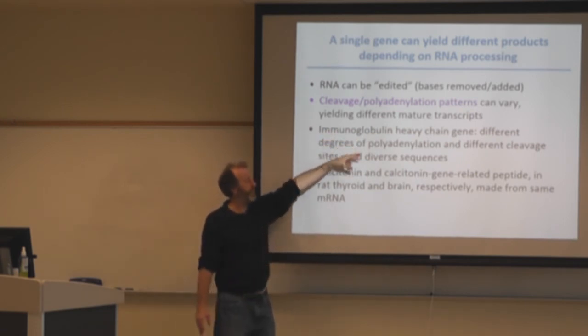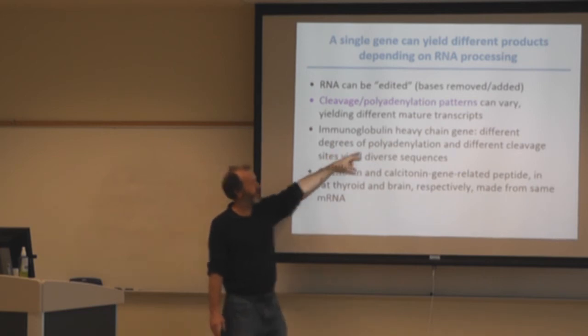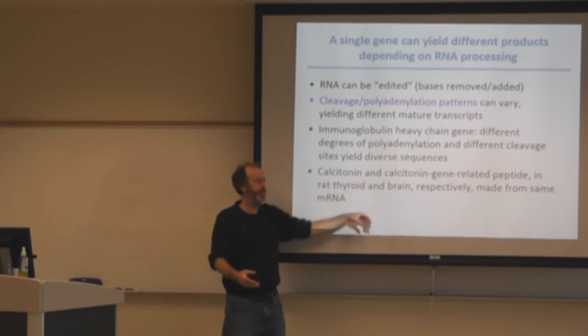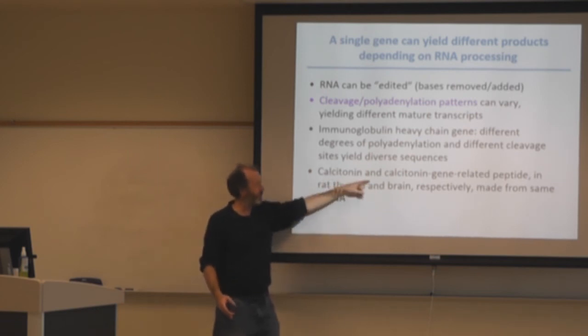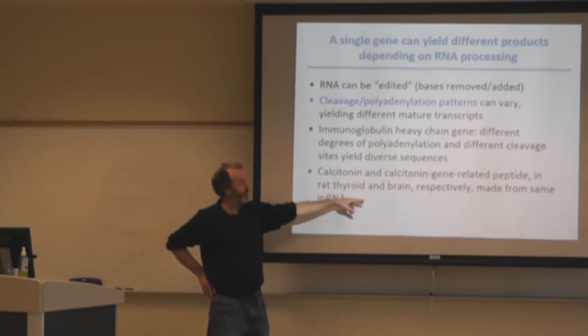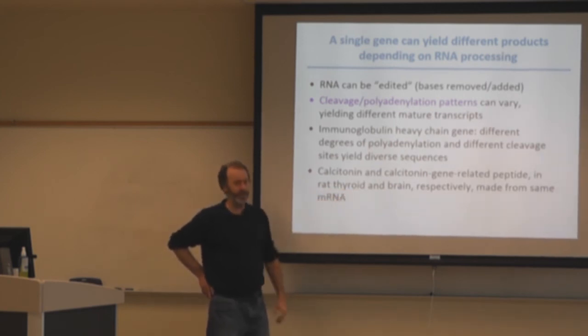In the immunoglobulin heavy chain gene, different degrees of polyadenylation and different cleavage sites yield diverse sequences. Calcitonin and calcitonin gene-related peptide in the rat thyroid and brain, respectively, are made from the same mRNA.